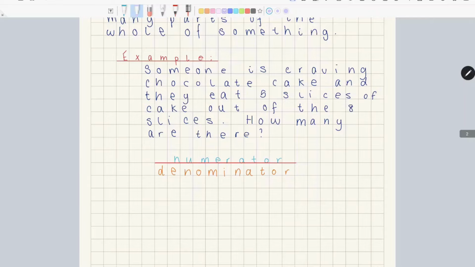So, when we read this question, make sure you note the number of items they're asking about, or how many things there are. So for this one, you have 5 slices of chocolate cake, and there are 8 slices total.